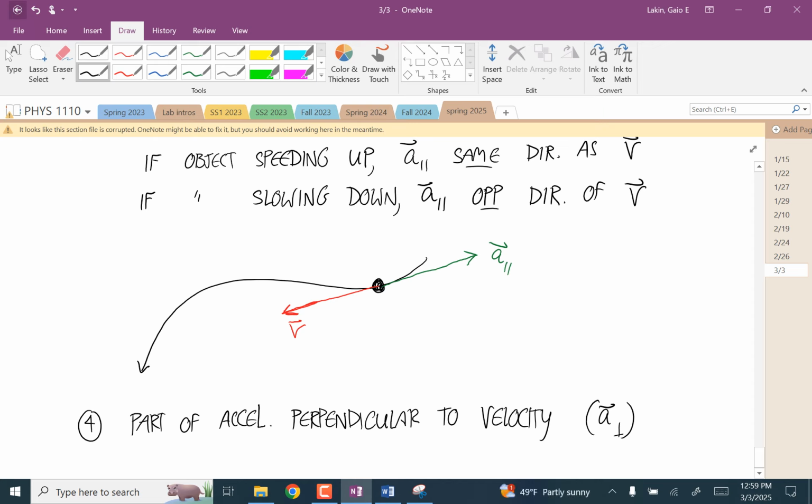And once you know the direction of velocity, you know there's this part of the acceleration, A parallel. You just have to decide, based on whether it's speeding up or slowing down, is this exactly in the same direction as V, or is it exactly opposite V? Since this object was slowing down, I knew that A parallel is exactly in the opposite direction of V. Okay?